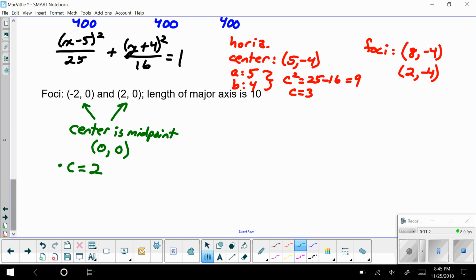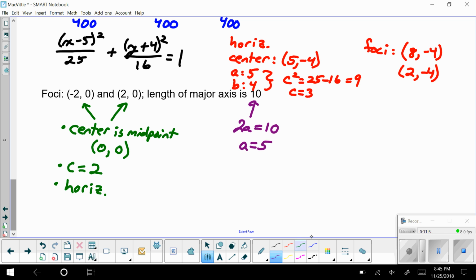I can also tell, because we moved left and right, that this is horizontal, which means that my A squared is going to go underneath the X, not the Y. But then the length of the major axis, I'm told, is 10. Well, the major axis length is 2 times A. So I know that A is 5.